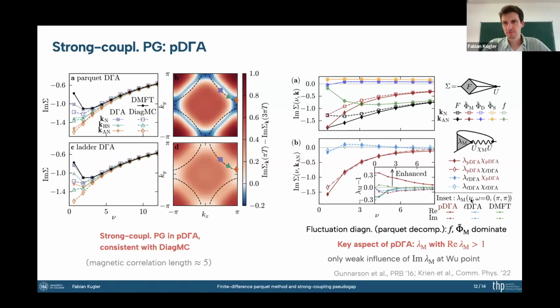Imagine you have a lambda m which is large, indeed larger than 1, and peaked at pi pi, but completely independent of frequency. Could I phenomenologically reproduce some of the results? Yeah, we didn't try this out, so one could play even more numerical games. We have some color plots of this object that show some peak structure at pi pi.